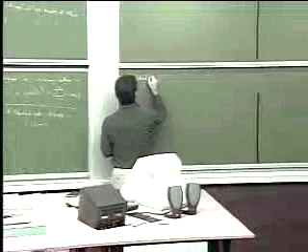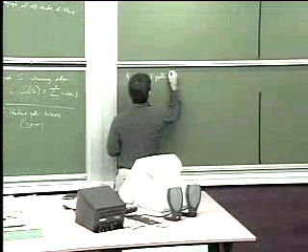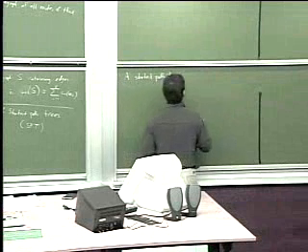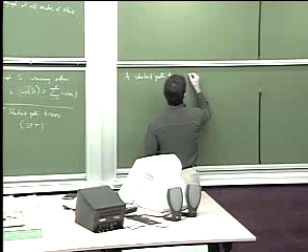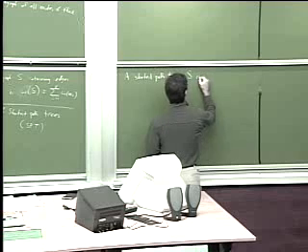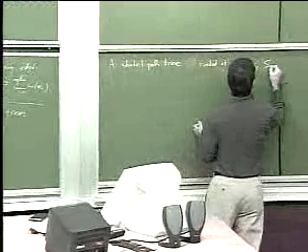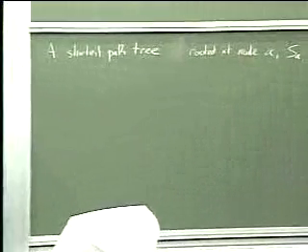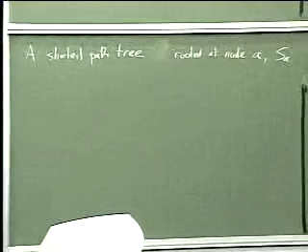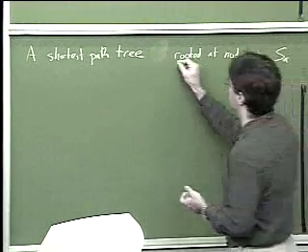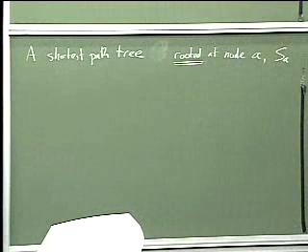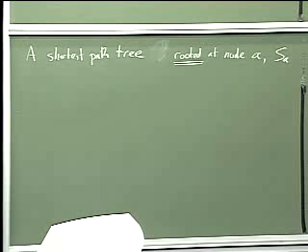So a shortest path tree, let's call it S. Well, let's say a shortest path tree rooted at node A, S sub A. When we talk about a shortest path tree, we have to talk about the root of the tree, and what we mean by root will become clear as we describe what a shortest path tree is.